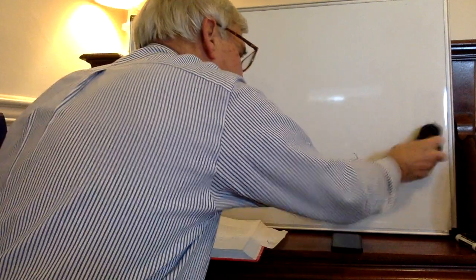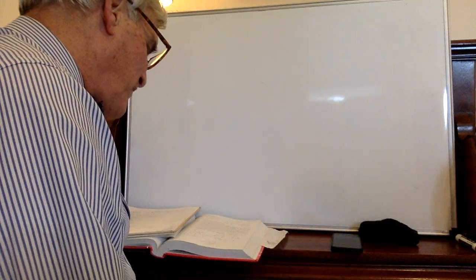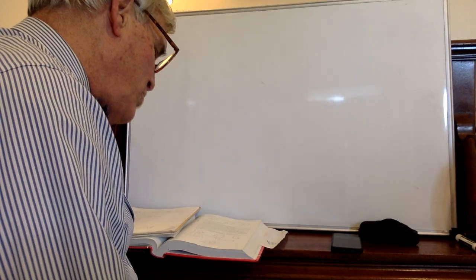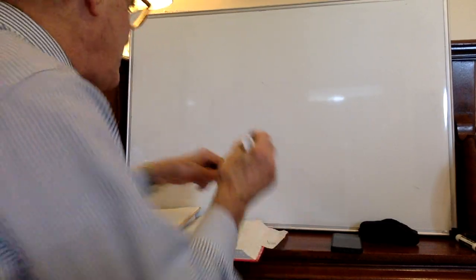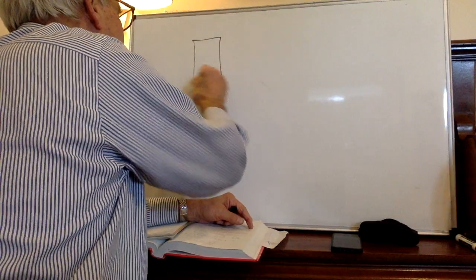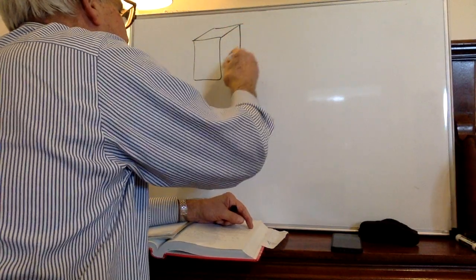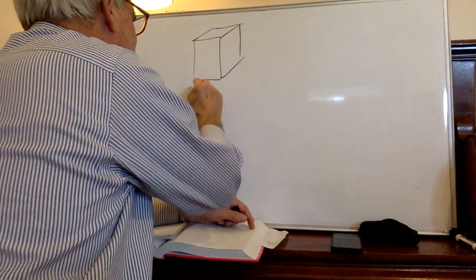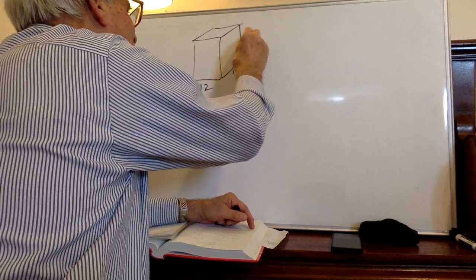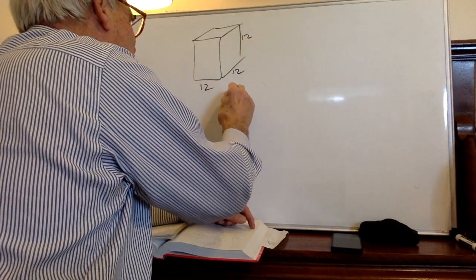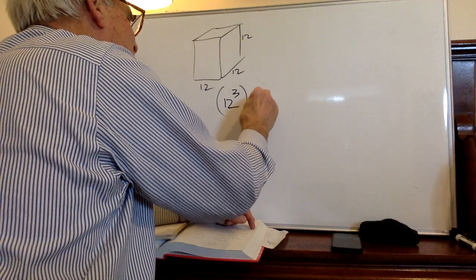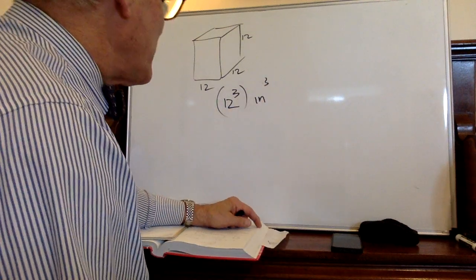Number 9. This was one of those ones where they asked you to convert. They said convert 4 cubic feet into cubic inches. Well, again, hopefully you remember this. 1 cubic foot in inches is 12 by 12 by 12. So it's 12 cubed inches.